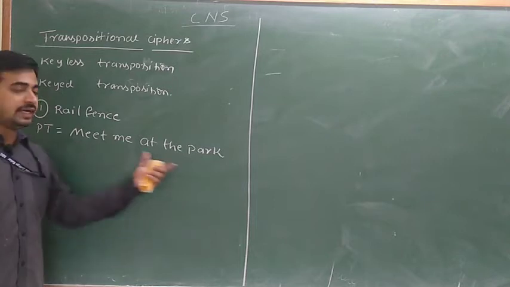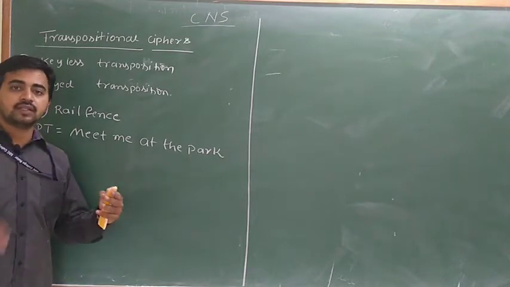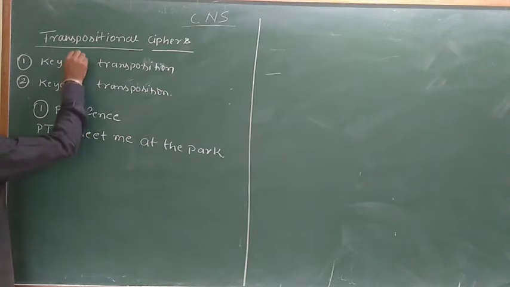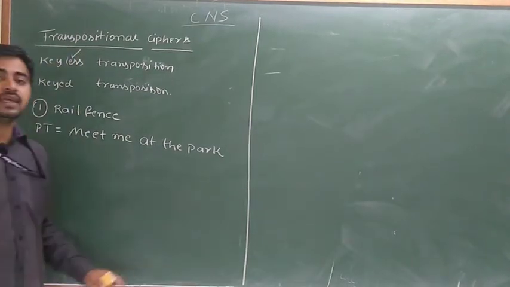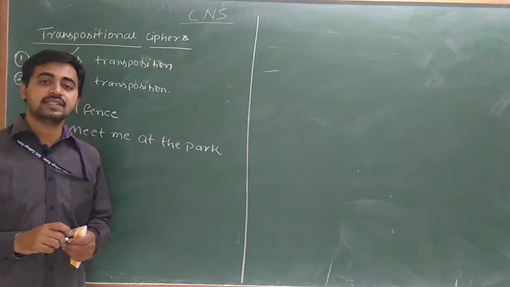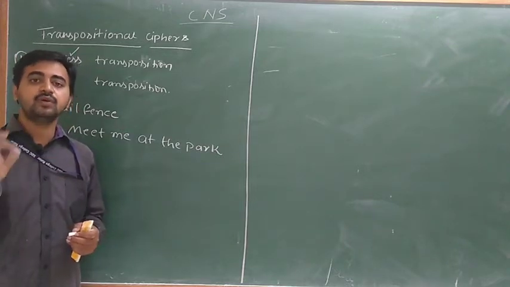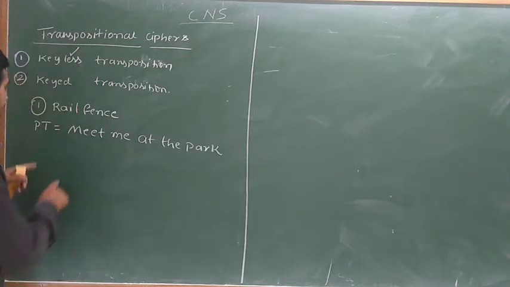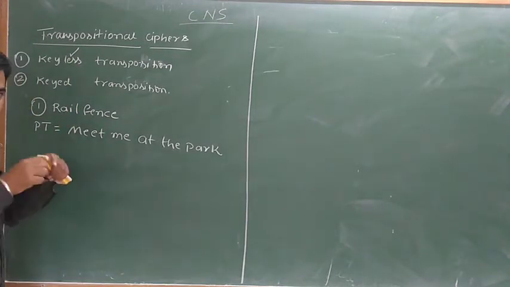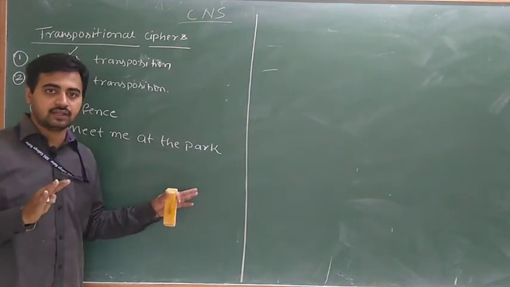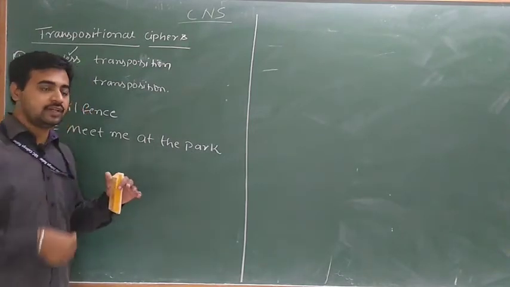This is a plain text. Now we want to convert this plain text to cipher text with the method of keyless transposition. What is keyless? We should encrypt the plain text without using the key value. This also comes under monoalphabetic, so we only need to consider that here.